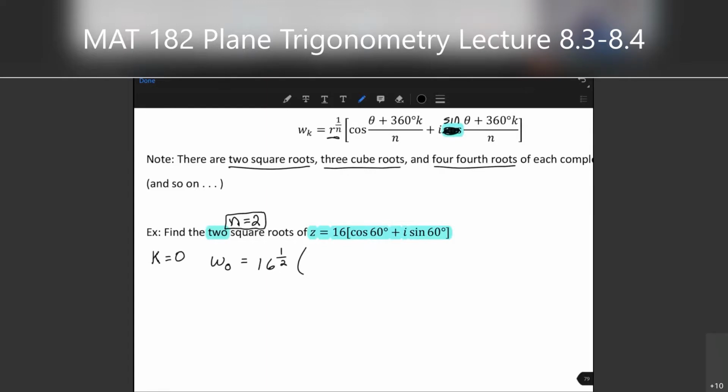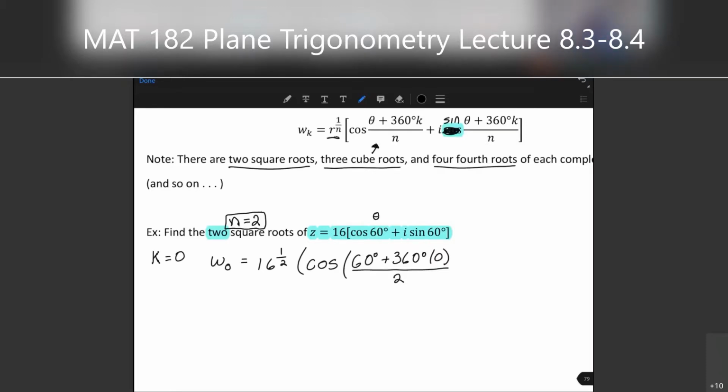And then we're going to go into our regular formula. We're going to start with beta, which is just 60. So this would be 60 plus 360 times k. K is 0 here. And then divide by n, which happens to be 2. So we're just following this formula right up here.